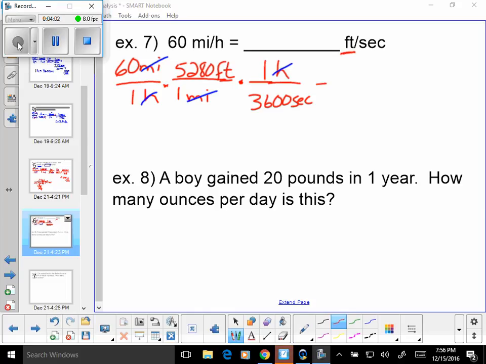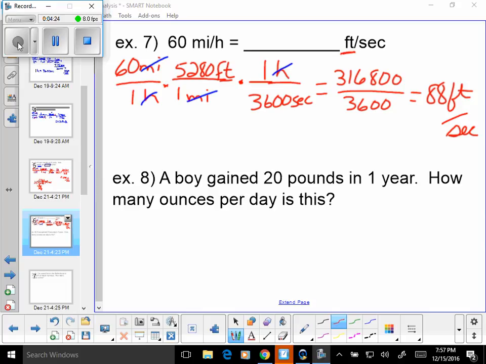If I'm going to multiply this out, I will get 316,800 divided by 3,600. Again, you can go right to 60 times 5,280 and then divide by 3,600, and you will get 88 feet per second.